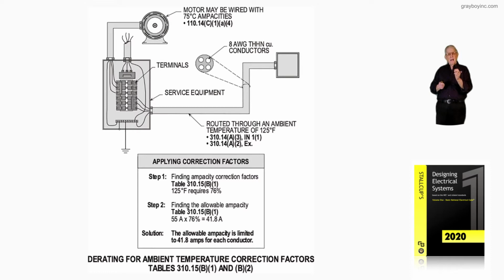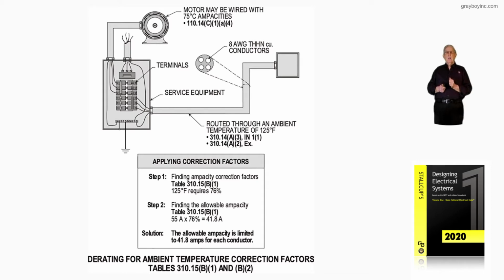We have to apply 310.14A3 informational note 1, item 1, and 310.14A2 exception because we exceeded the 10-foot or 10% rule. So keep that in mind. We're routing through an ambient temperature of 100 degrees Fahrenheit that we have to use.